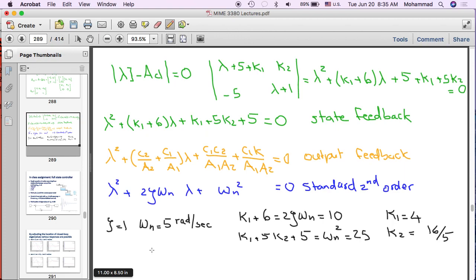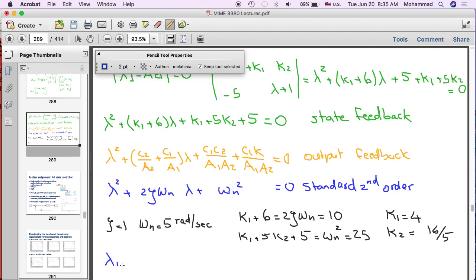For the standard second order system, the two poles, or eigenvalues rather, are equal to minus zeta omega n plus or minus j omega n square root of 1 minus zeta squared. We know that from before. So every time that we have a second order system with known value of zeta and known value of omega n, we know where the two eigenvalues are located.